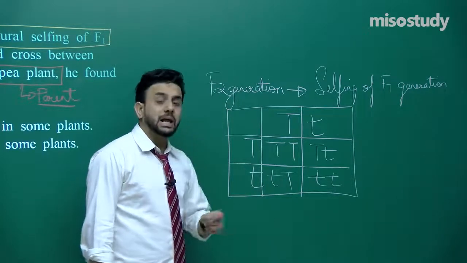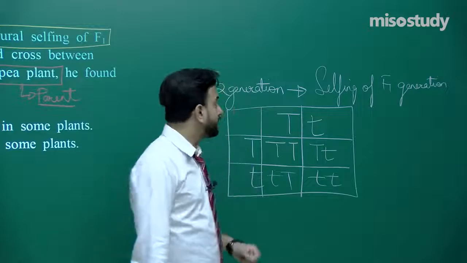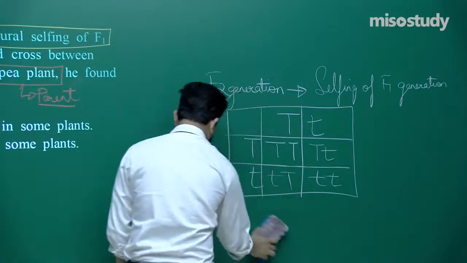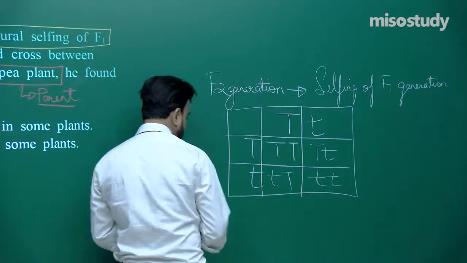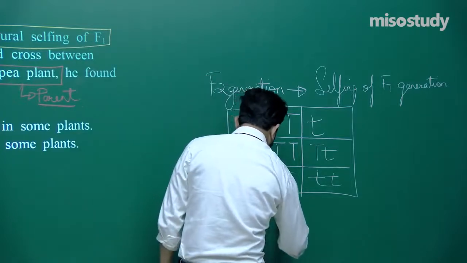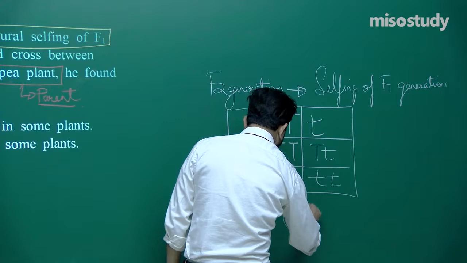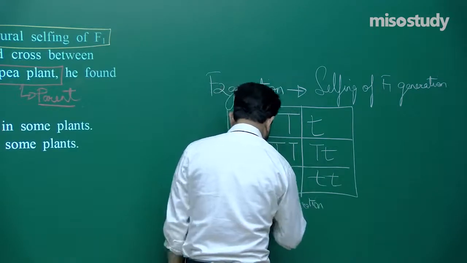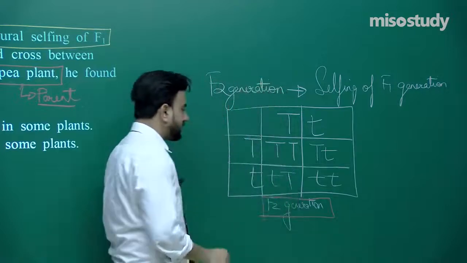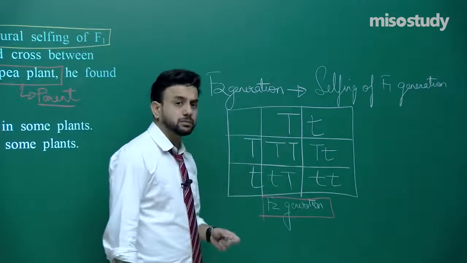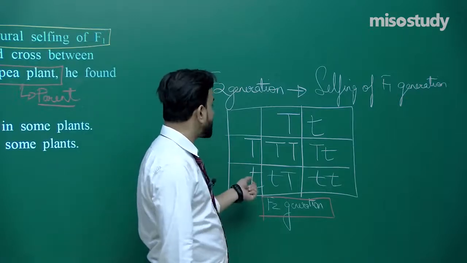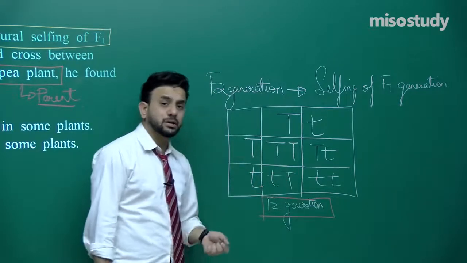You saw that in the F1 generation, all the 4 plants, you remember? Okay, first I'll write this F2 generation. This is the F2 generation, right? Now, what are we seeing here? In the F2 generation, we will see these things.